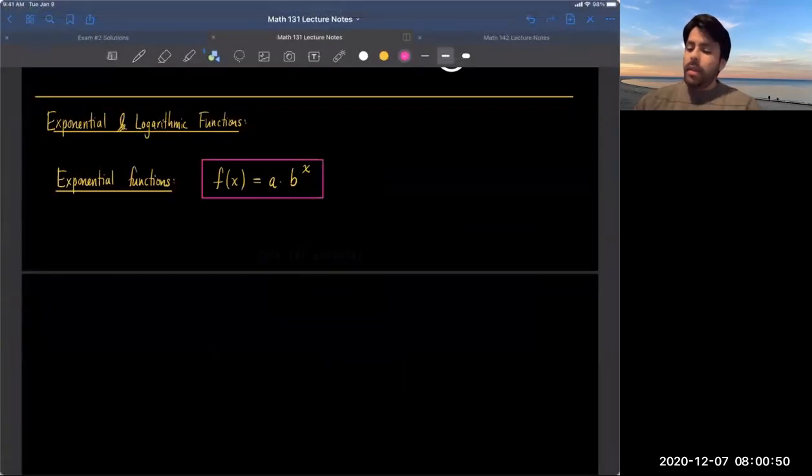Now a is what's called an initial value, also known as the y-intercept. And b is the base. Now there are two kinds of bases. The first kind is that my b value could be between 1 and 0.